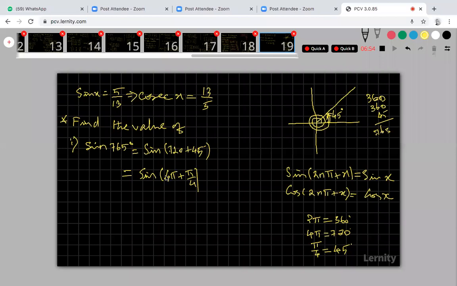So this is your 2n pi. Sine of 2n pi plus pi by 4 is sine pi by 4. What is sine pi by 4? That is 45 degree. What is sine 45 degree? The answer is 1 by root 2. So therefore, sine 765 is 1 by root 2. Please note that. We will go to the next problem.